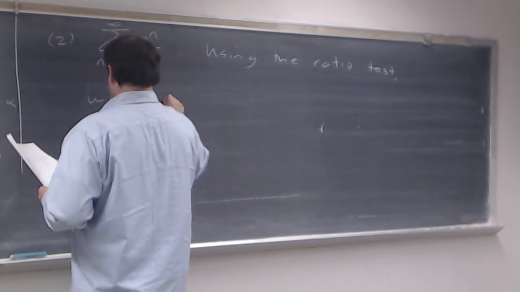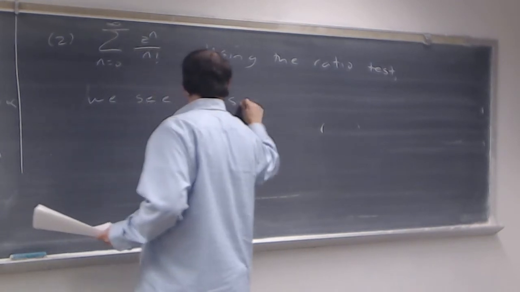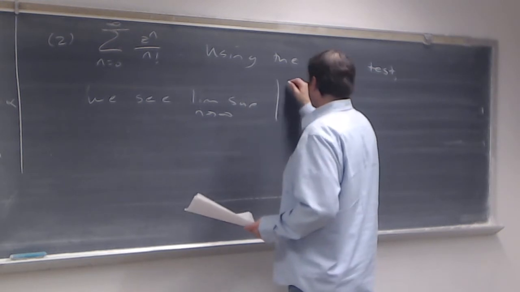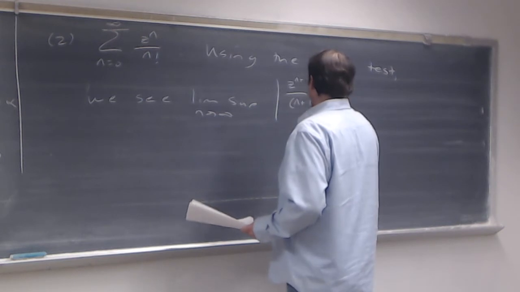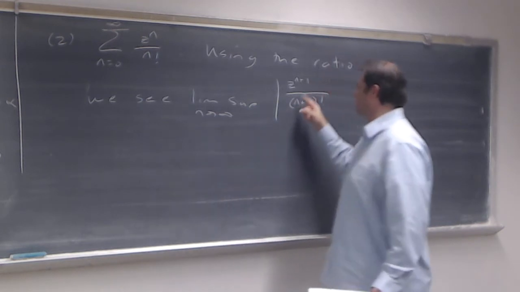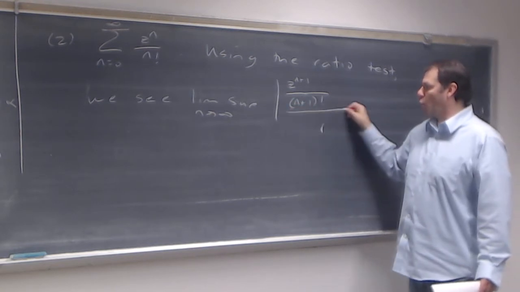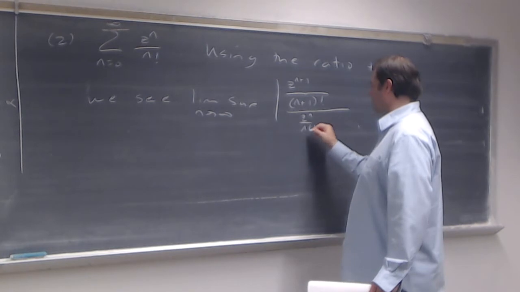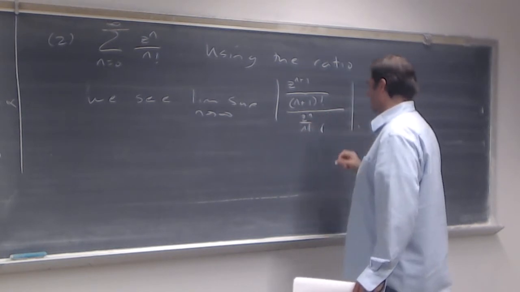We see that the limsup of the absolute value of z to the n plus 1 over n plus 1 factorial. You remember the ratio test is where you look at a sub n plus 1 over a sub n, so that would be that over z to the n over n factorial inside absolute values.